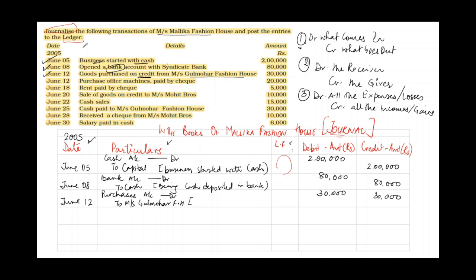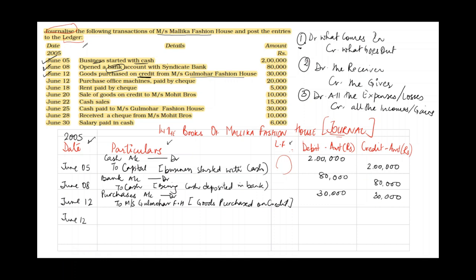And the narration you will write: goods purchased on credit.